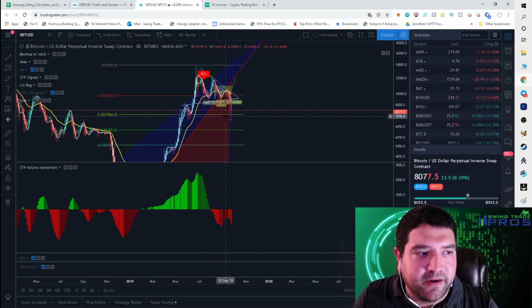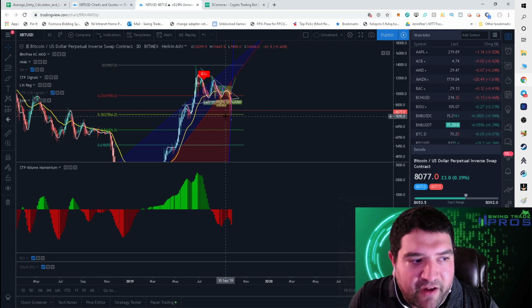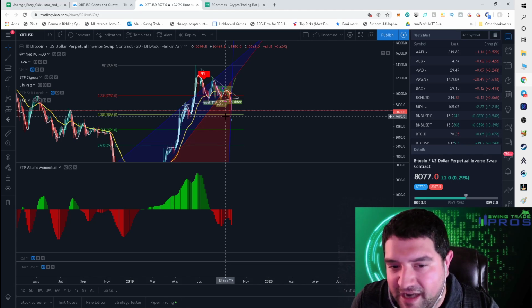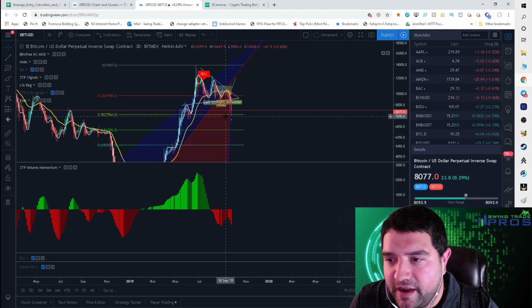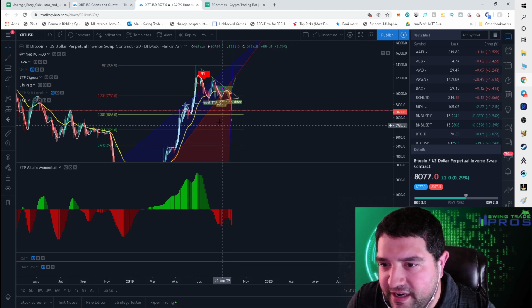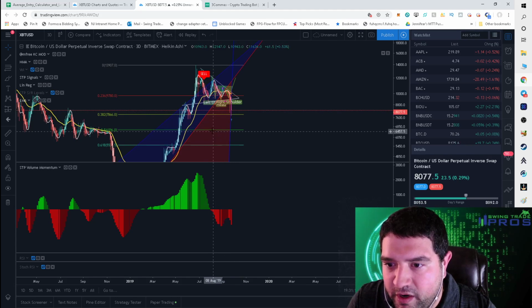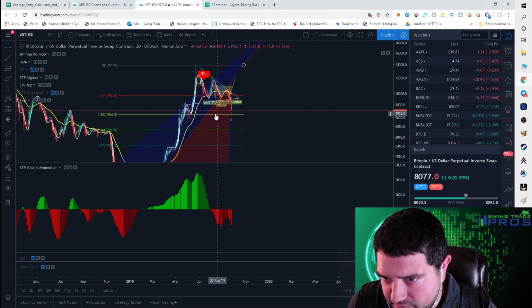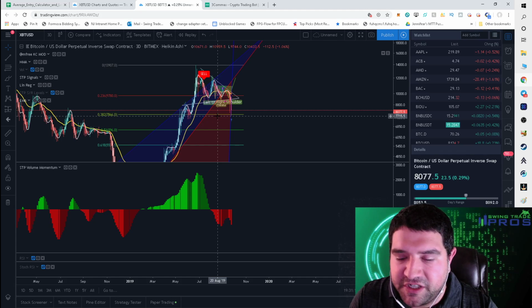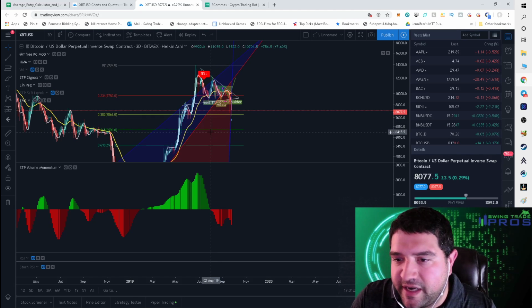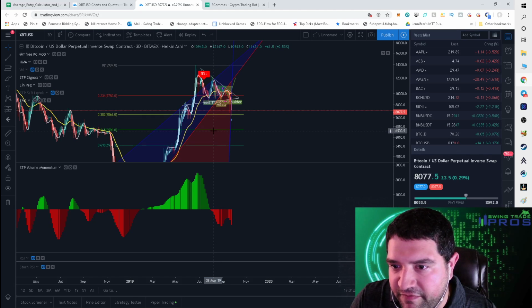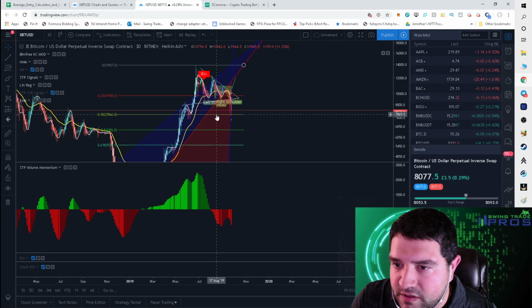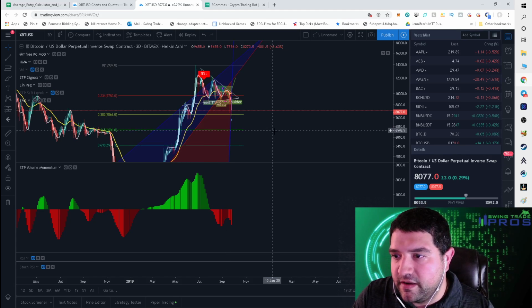No one's perfect, and sometimes it hasn't hit that exact dollar amount, but in that vicinity. So I'm expecting anywhere in this 50% to 38.2% fib area for price action to reverse, so anywhere between 6,500 and this 7,850 area, okay?